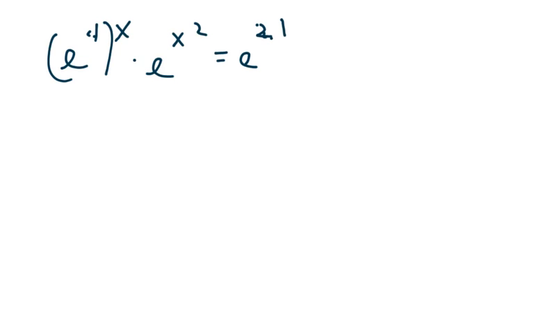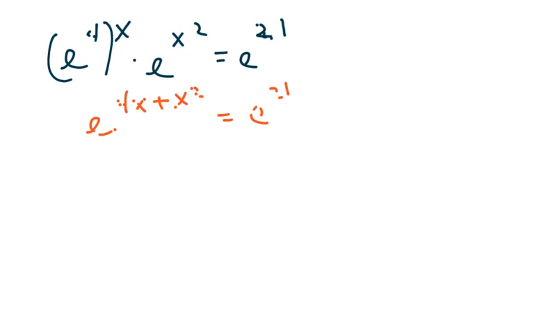Okay, the next one is e to the 4th power raised to the x times e to the x squared equals e to the 21st power. So this is going to be e to the 4x. Sorry. Let me erase this. e to the 4x plus x squared equals e to the 21st power.